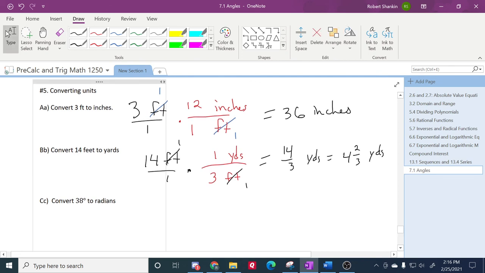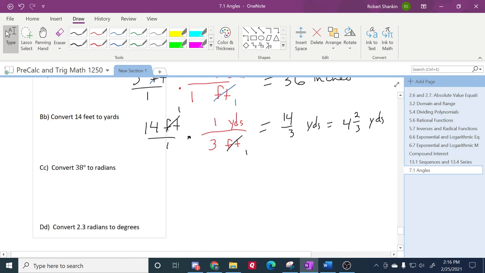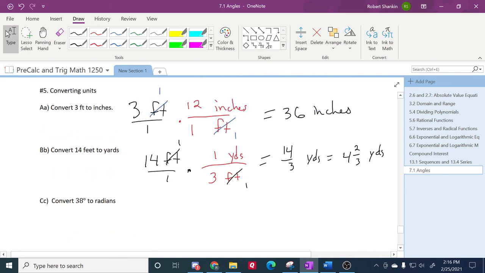Alright, now same strategy is used to convert to radians and degrees. We take 38 degrees, and we're going to multiply. We need to get rid of the degrees. And we need to change it to radians.